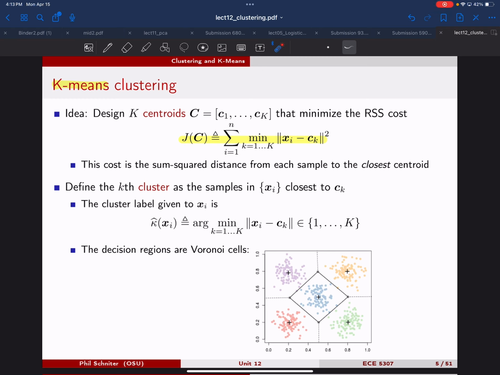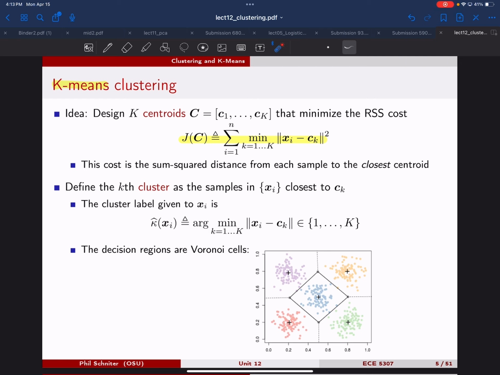So the way to interpret this is, the cost is over C. That's what we're trying to design, these centroids. We're given the data x_i. And this says you should design the centroids so that the closest centroid to x_i has a minimum distance.